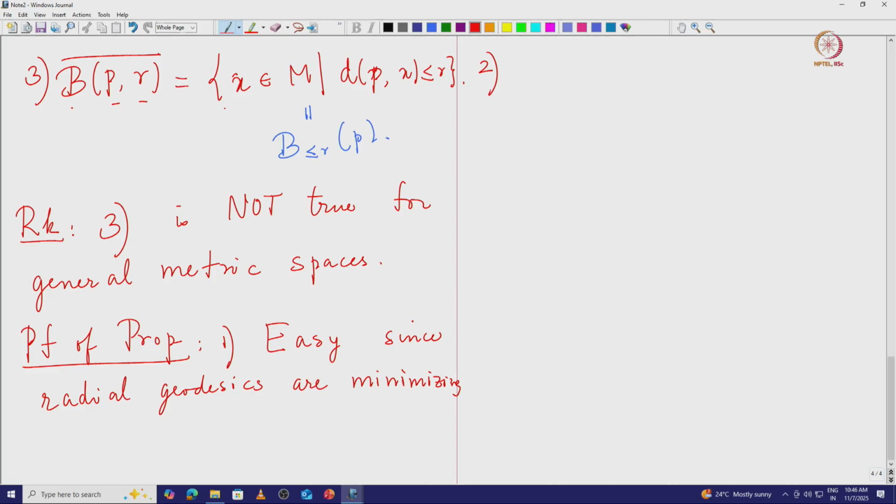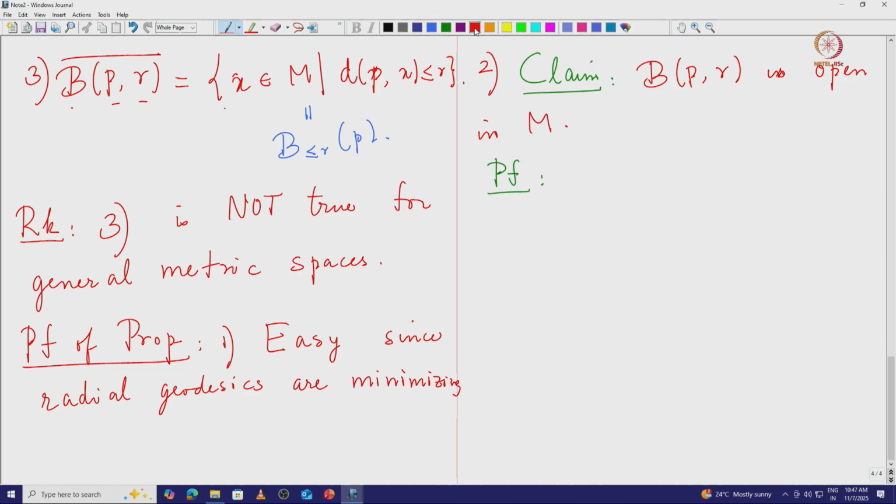Let's prove part 2. The first claim is that these open balls are actually open in the existing topology on M. Of course, we know that it is open in the metric topology, but in the existing topology on M as a smooth manifold, I want to claim that B(P, R) is open.